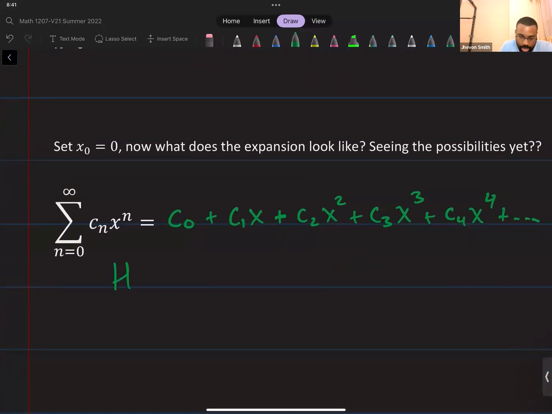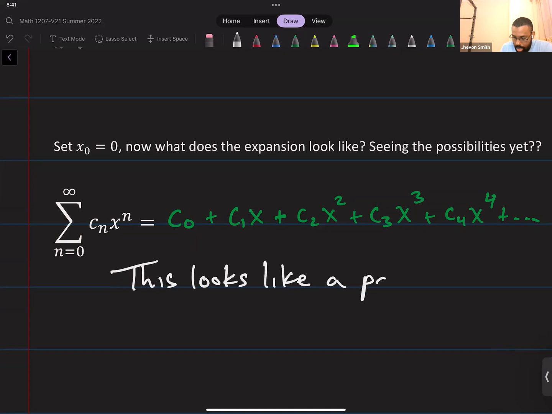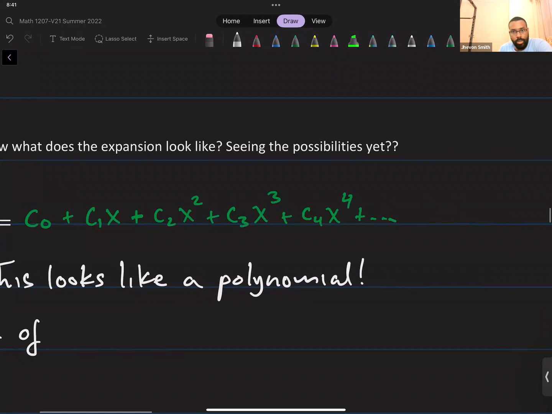So this looks like something called a polynomial, right? Very important functions, but you'll notice that this will keep counting forever. So you get x to the 5th, x to the 6th, x to the 7th, x to the 8th, and it just keeps going.